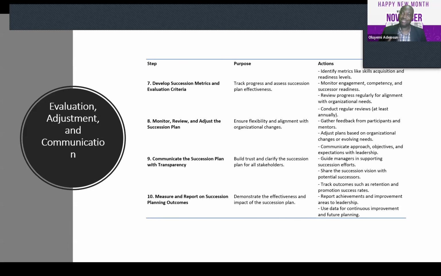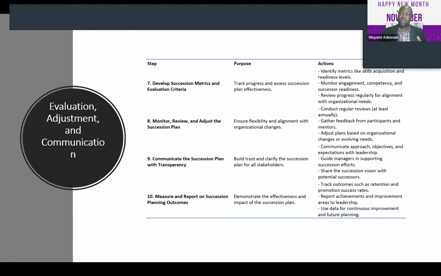The way he's dressed, his mannerism, grooming may be very important for that kind of person. You should be able to say, this is how he's dressing now. And maybe you take him for a course on etiquette or personal branding. In like 6 months, even other people begin to say, his fashion sense has improved significantly. You must be able to track progress and assess succession plan effectiveness.